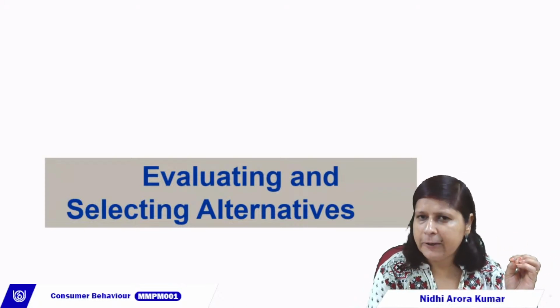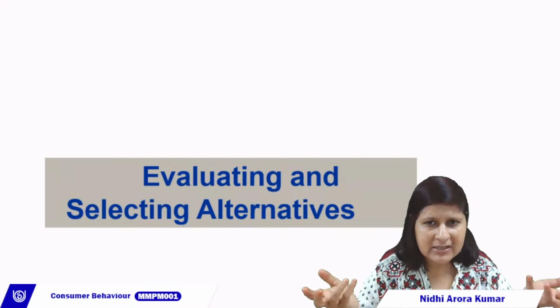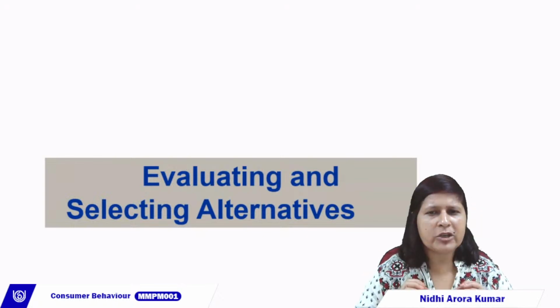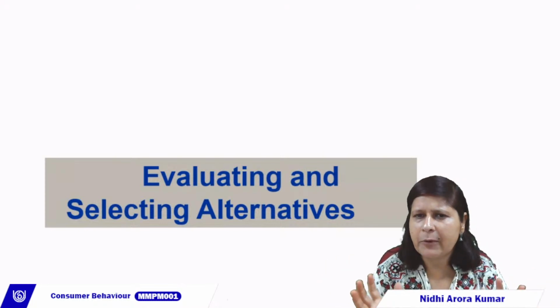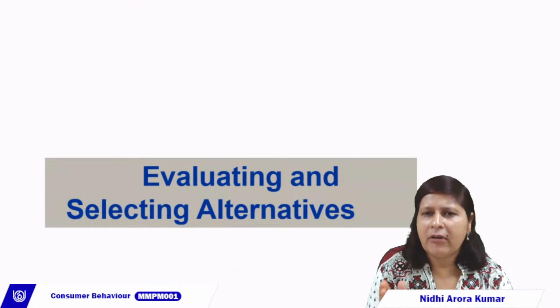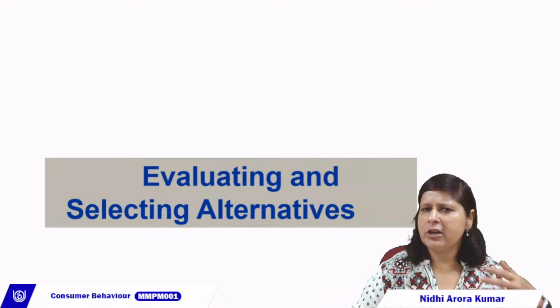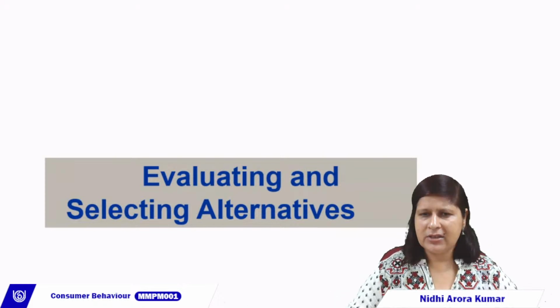Then sales promotion also plays an important role in information gathering, so there we get the information about the product. After recognizing a problem, we start gathering information about the product or the brand, and there are various sources from which we get it, external sources as well as internal sources, right?